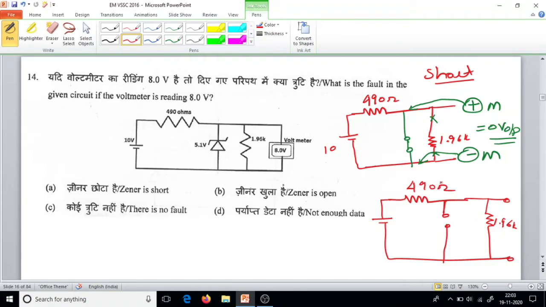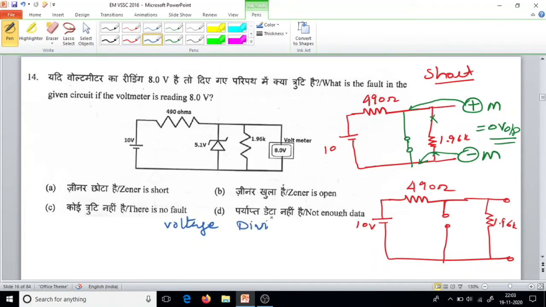So for convenience, I will take this as 500 ohms and this as 2K. The 10 volt is there. If the sensor is open, this will act like a voltage divider.